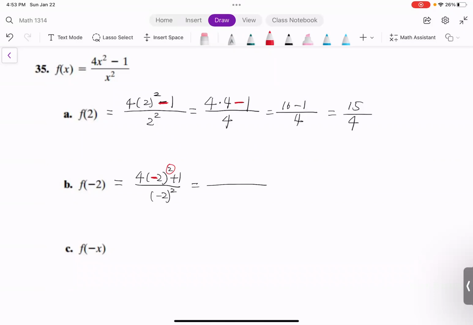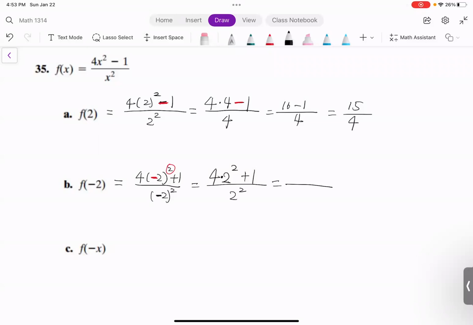So we must have 4 times 2 squared, because negative root but even power. There's no negative solution, it's a positive solution, plus 1. And the denominator, also the base is negative 2. The power is even. I have 2 squared.